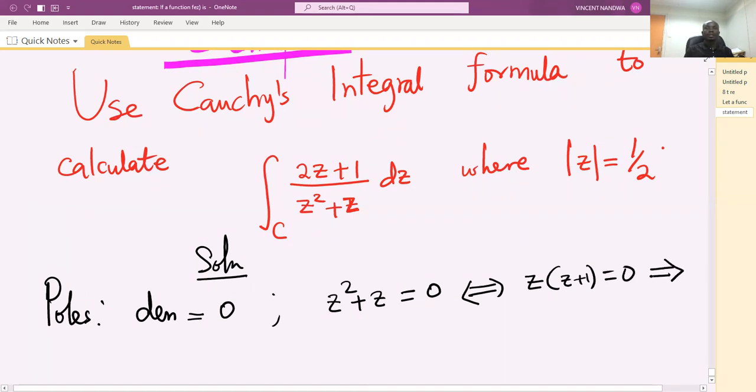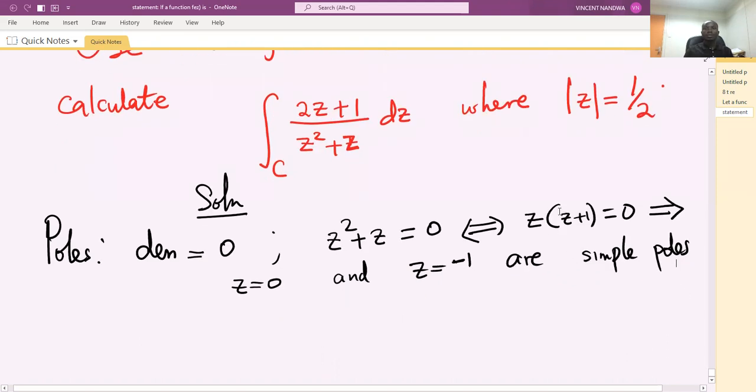This implies z equals 0 and z equals negative 1 are simple poles. Simple poles because this is raised to power 1, this also raised to power 1.